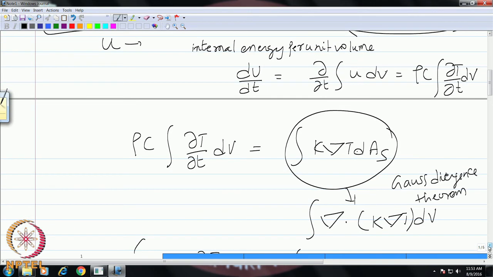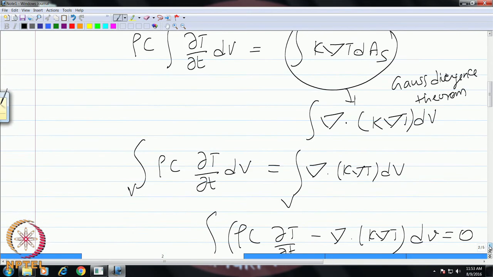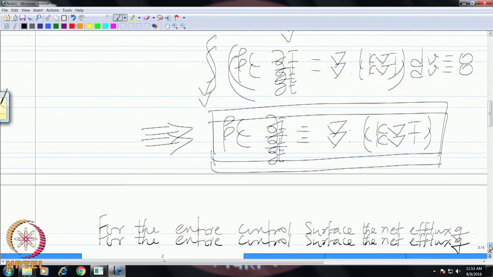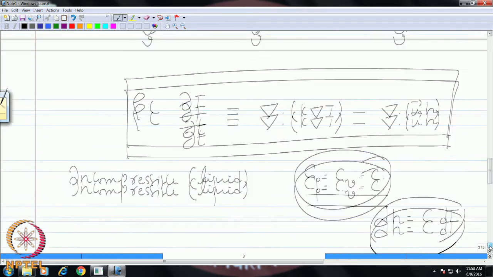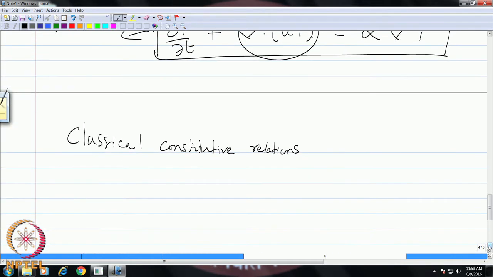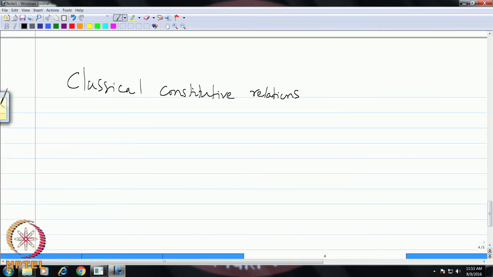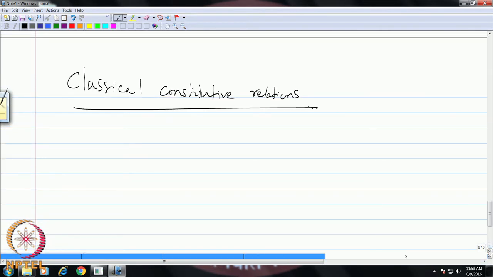We will do that in several classes down the line, but these are called constitutive laws, and they are specifically used only in the continuum regime. So, we will see that number 1 is, if you look at conduction, the most commonly referred one is Fourier's law.